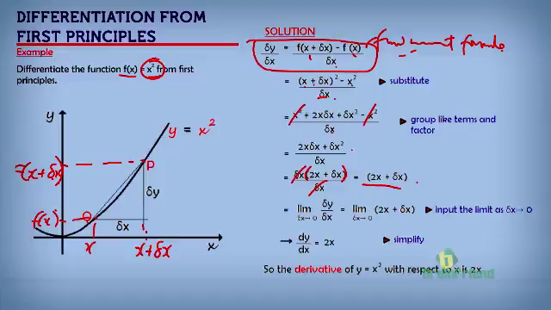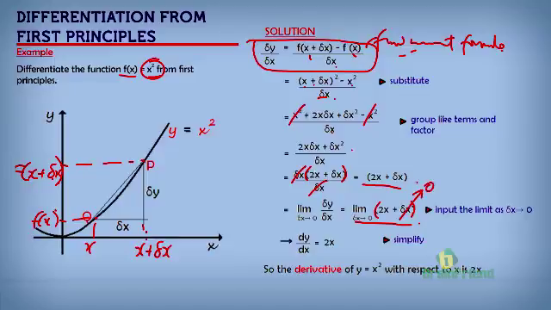Now, at this point, we input our limit as delta x tends to 0. So our delta x here is written out in full as the limit as delta x tends to 0 of, all in bracket, 2x plus delta x. Our delta x here, we said, is tending to 0.